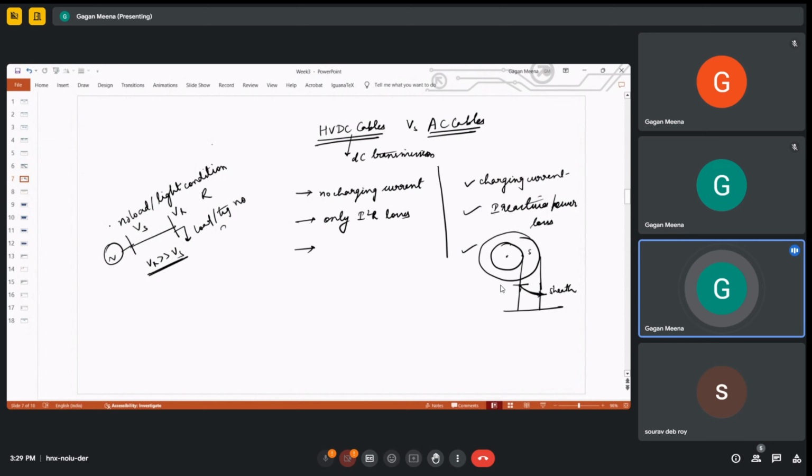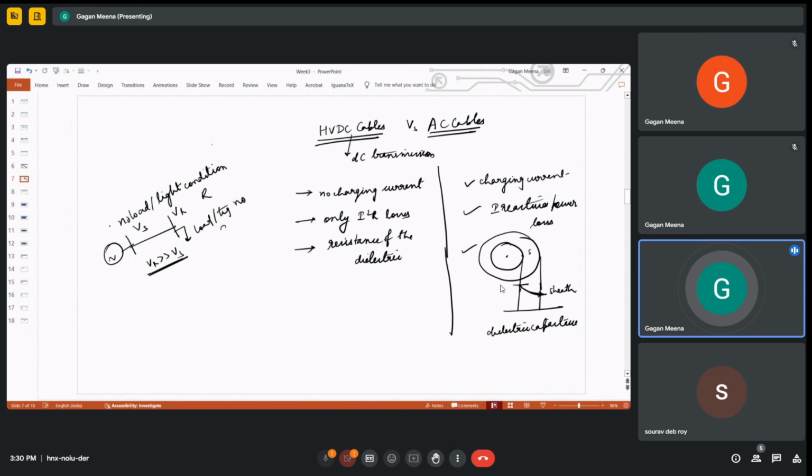However, in HVDC, it is the electric charge distribution. In AC cables it is given by the dielectric capacitance, but in DC, it is determined by the resistance of the dielectric. These are the main major differences.